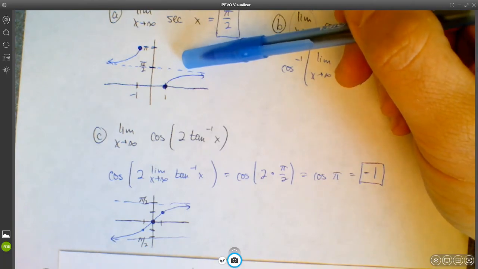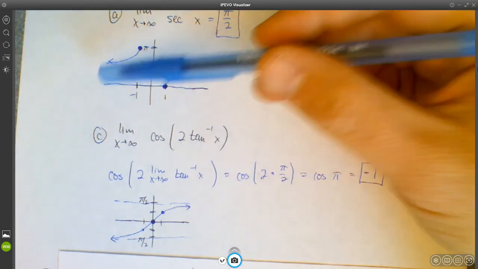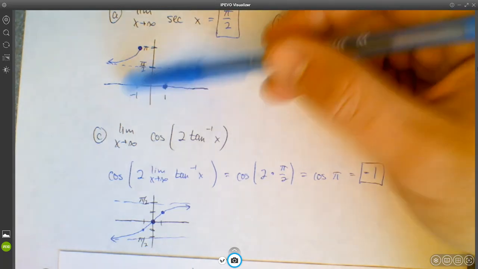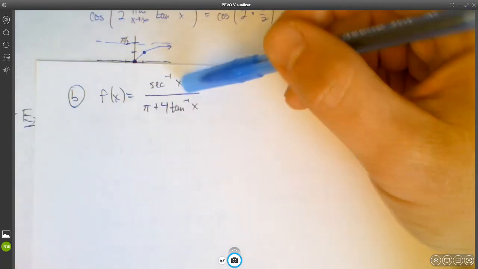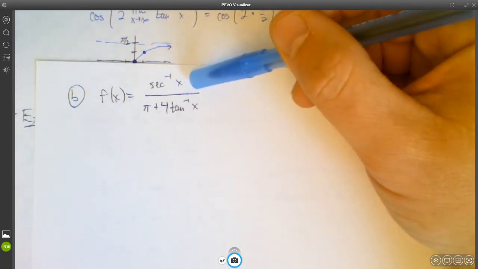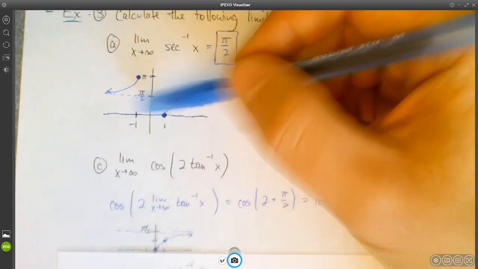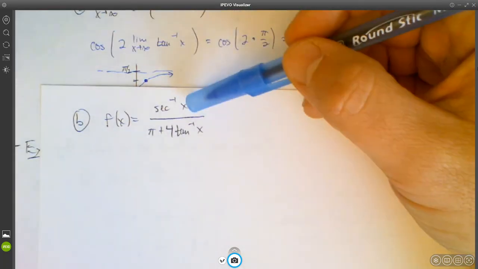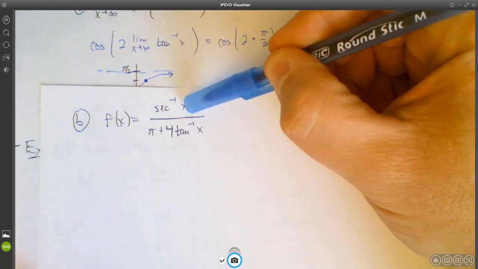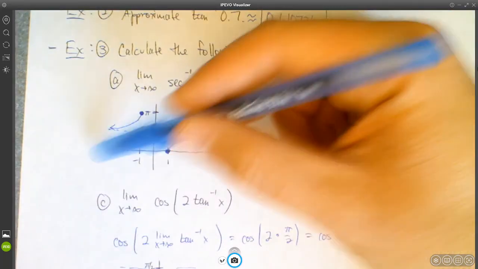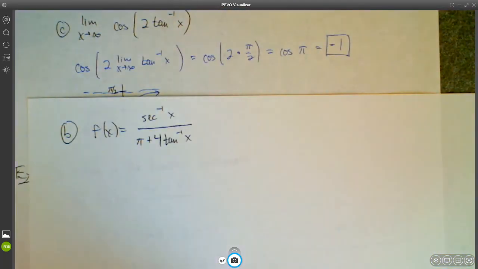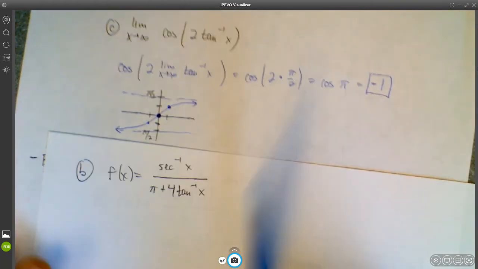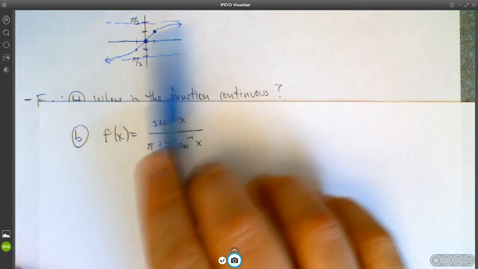The domain of this thing is all reals except for the space between -1 and +1. So automatically that gives us one domain restriction. That gives us one set of numbers where the function is discontinuous, I guess you could say. It's continuous on its domain, but its domain is all reals except for -1 to 1, so it's discontinuous between -1 and +1. What about tangent inverse? Tangent inverse is continuous on all the real numbers.